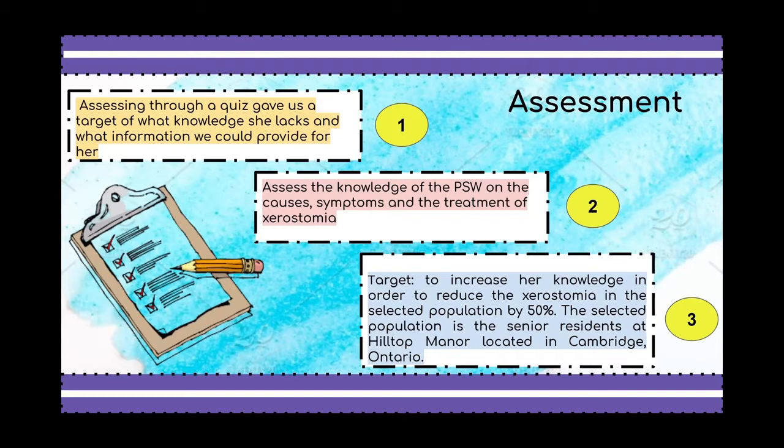So basically, we want to assess her on the causes, symptoms, and the treatment of xerostomia. Our target is to increase her knowledge in order to reduce the xerostomia in the selected population by 50%. The selected population, again, is the senior residents at Hilltop Manor, which is located in Cambridge, Ontario.